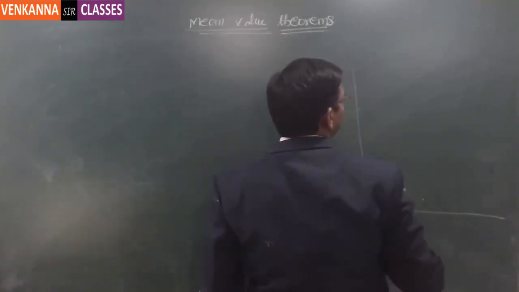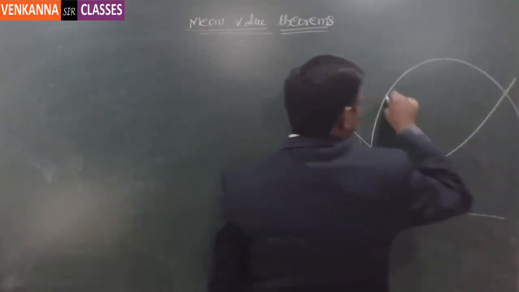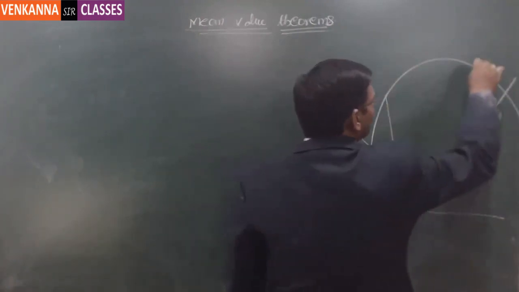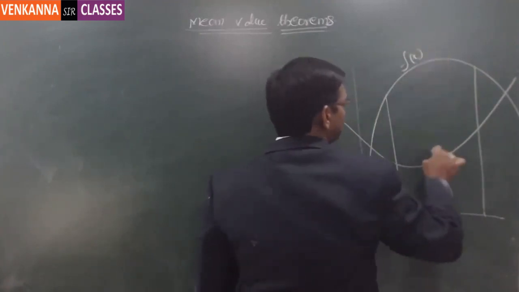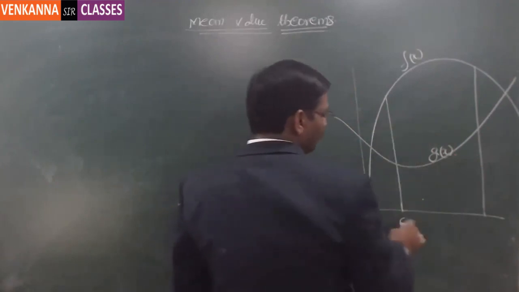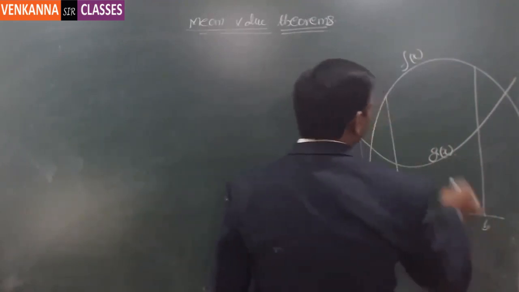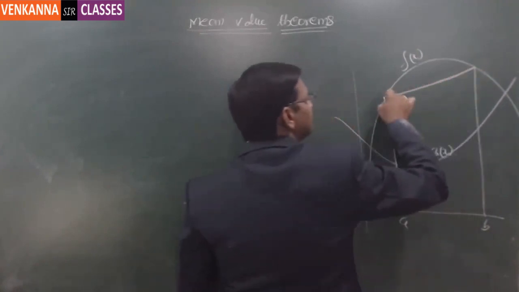What Cauchy's mean value theorem states is, if there are two different functions, let us say this is one function and this is another function, and I have taken two different locations like this. I call this f of x and I call this g of x. Then this is point A and this is point B. You can draw a straight line between these two points.